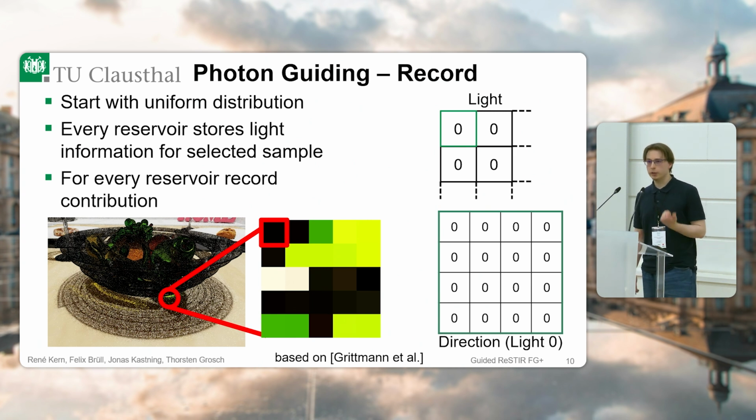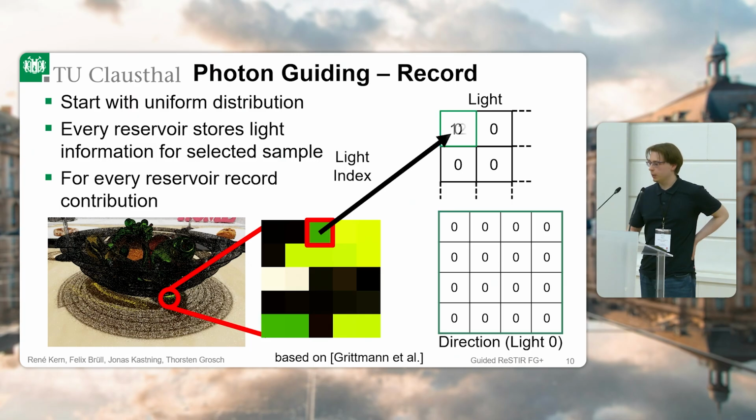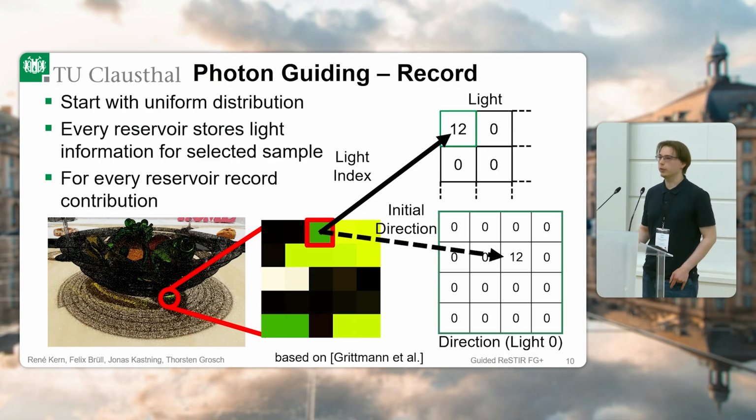Now for every reservoir, we record the contribution. As you can see here, we start with this pixel grid, for example, and the first two didn't have any samples, but this one has one. So we use the light index to add the contribution, and the contribution is basically the discretized final color for that reservoir. And we also do that for the initial direction.